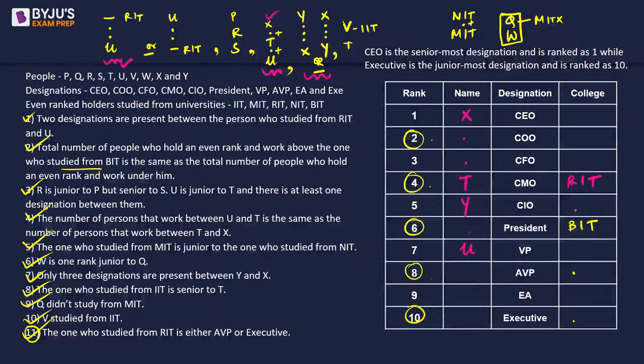Or we can have 2 blank spaces and RIT here. ये भी हो सकता है, 2 blank के बाद RIT. So both can happen, right? So we can have RIT here or we can have RIT here.